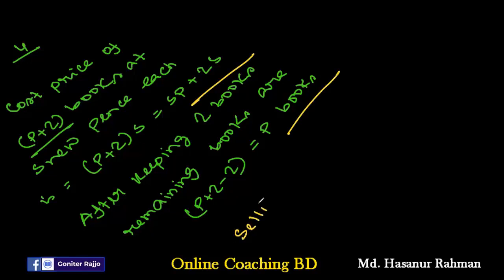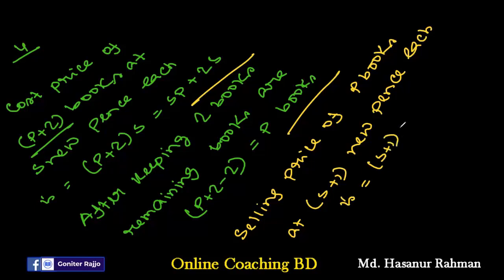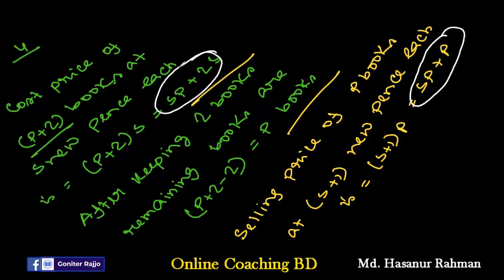Selling price, we can write in this way, selling price of P books at S plus 1 new pence is S plus 1 into P. Then we can write in this way SP plus P. So this is the selling price and this is the cost price.